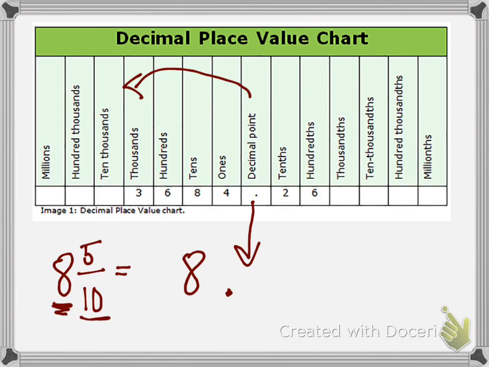Look at the denominator. The denominator is the tenths. Locate the tenths on the place value chart. Here it is. So we know that this numerator 5 has to be placed in the tenths column. So this set reads 8 and 5/10, just like we would be reading it as a fraction.